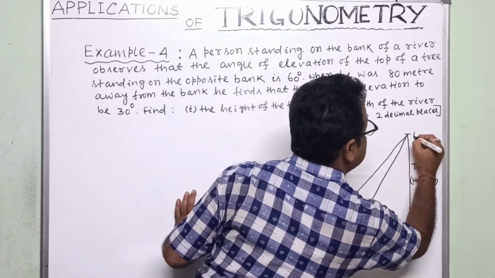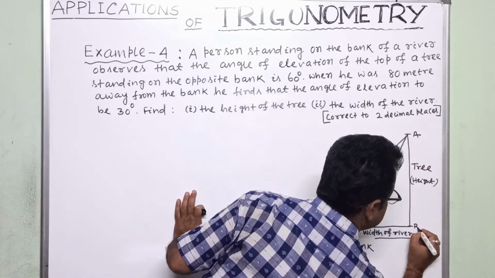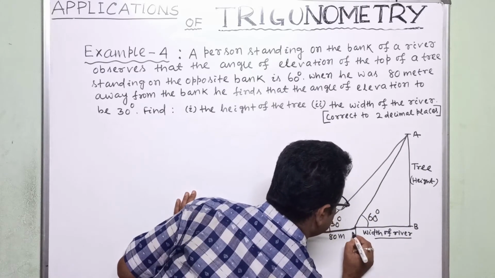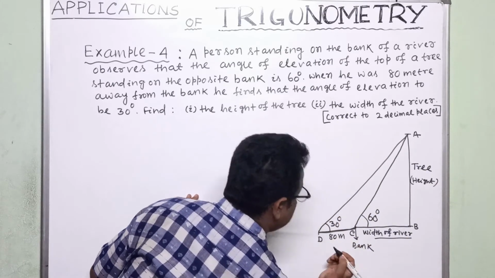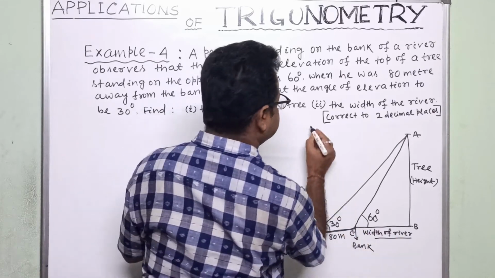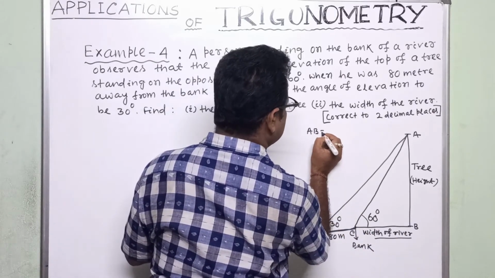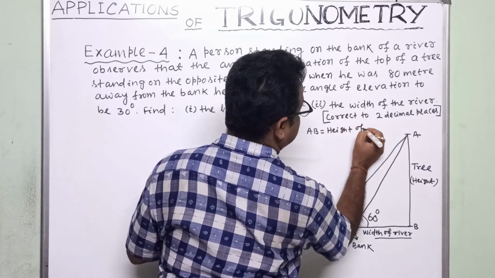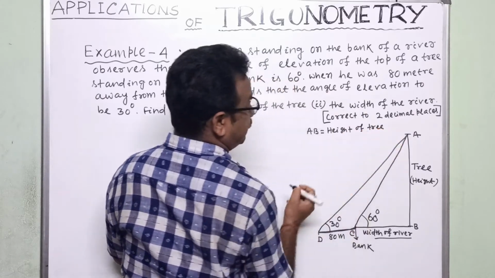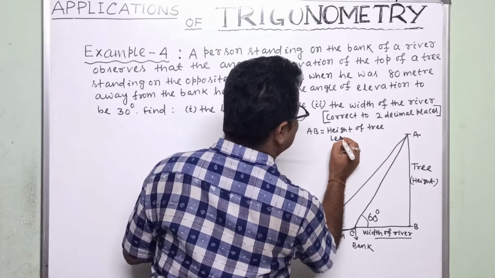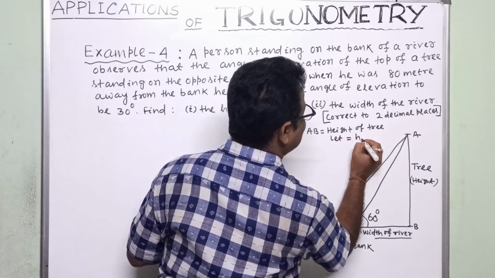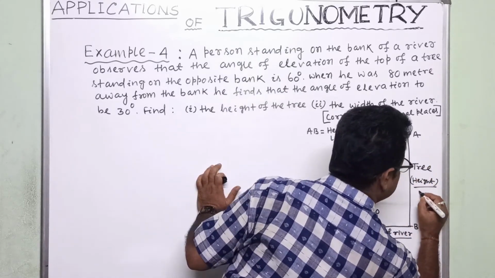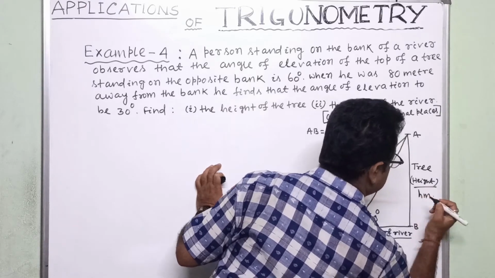Now let this be A, this be B, this be C, this be D. So here AB is equal to the height of the tree. Let it be h meter.